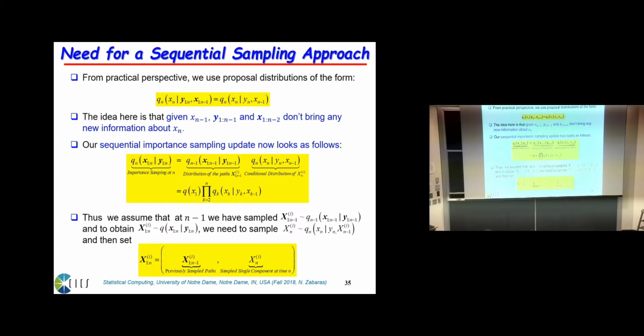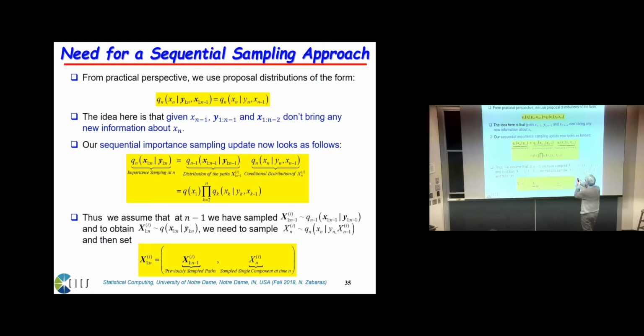And then it says, well, look, I have data here from y1 to n minus 1, but I don't really need them because this data are really defining my state xn minus 1. So all the information from that data is in the state xn minus 1. So the only thing I'm going to keep is yn and xn minus 1. And so basically, when you want to go from n minus 1 to n, you don't really need to keep all the particles at all previous times, only at time n minus 1.